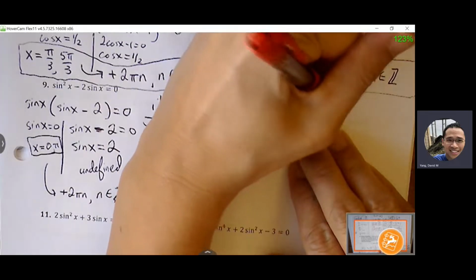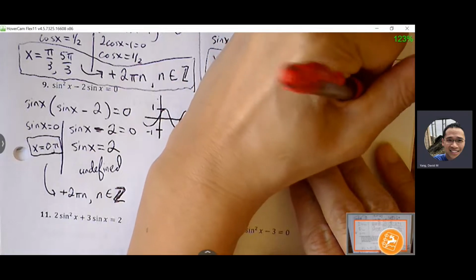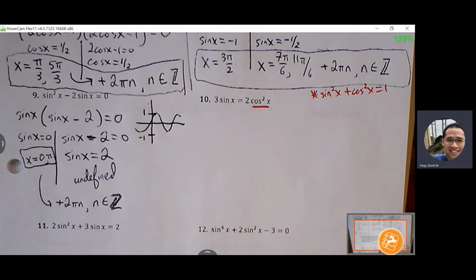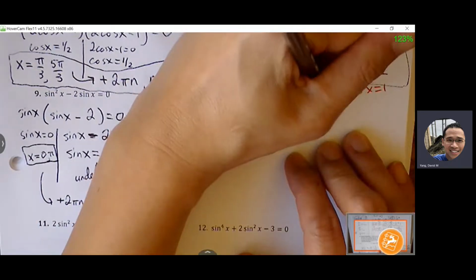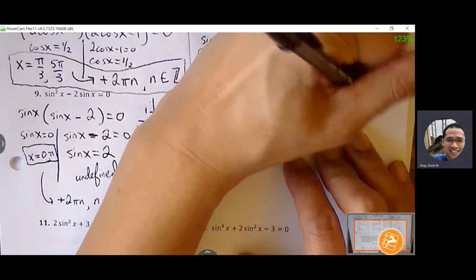So recall, if I solve for cosine squared x, that's equivalent to 1 minus sine squared x.